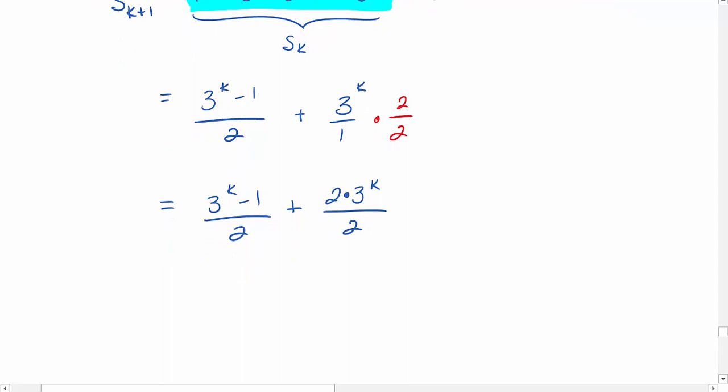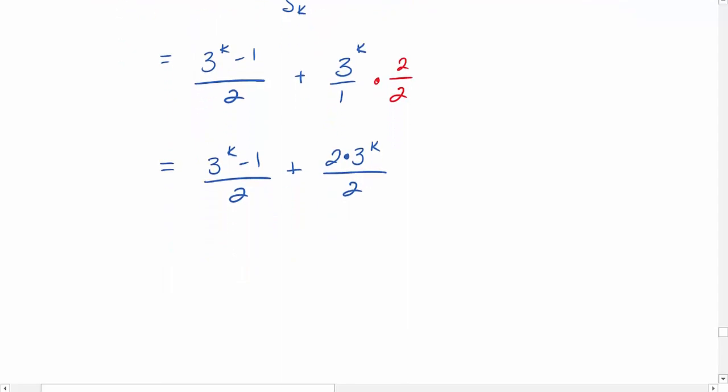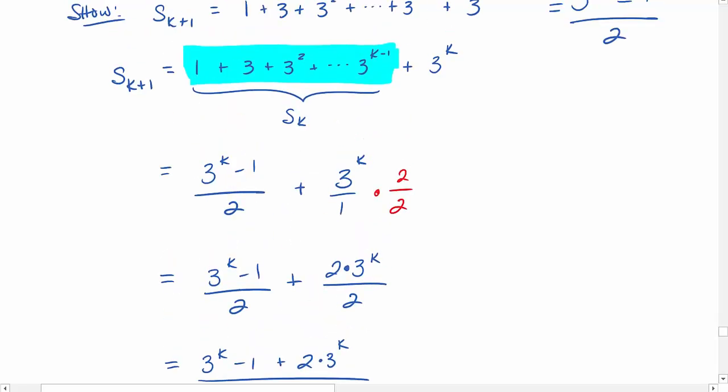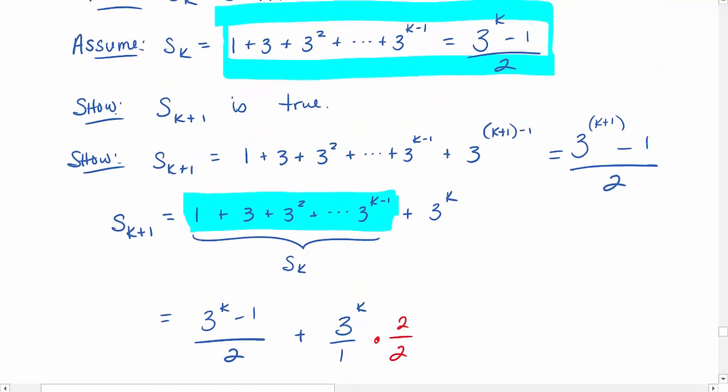Now that we have our common denominator, we can add our numerators together and put it over our common denominator. We want to simplify our numerator because think about what we're trying to show. We're trying to get back up to here.